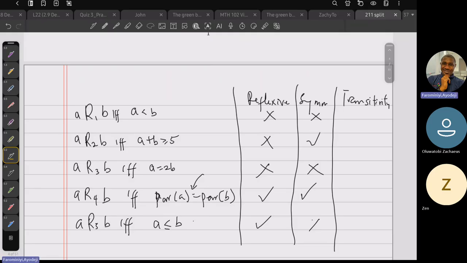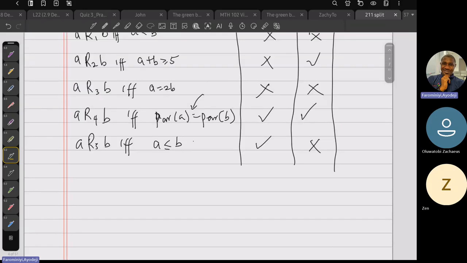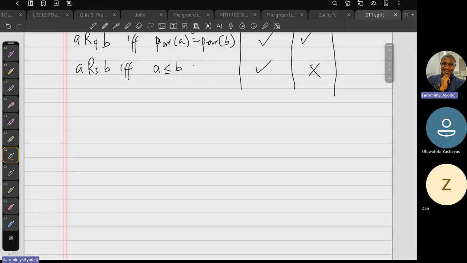Okay, very quickly, I'm going to do a brief recap of what we have said so far, so that Zacchaeus can also recall it. So we're dealing with relations. Even from the name, you are looking at the relationship between two sets.